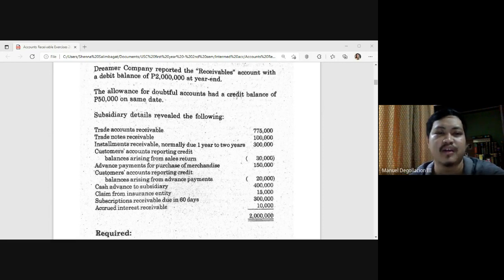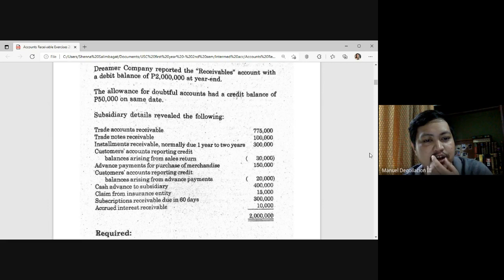If there's a single takeaway for this problem, class, let it be the treatment of your subscriptions receivable. I cannot emphasize that enough, class. Okay. Moving on, accrued interest receivable, obviously a current kind of receivable.